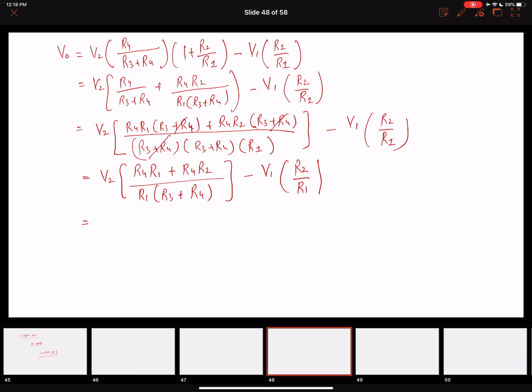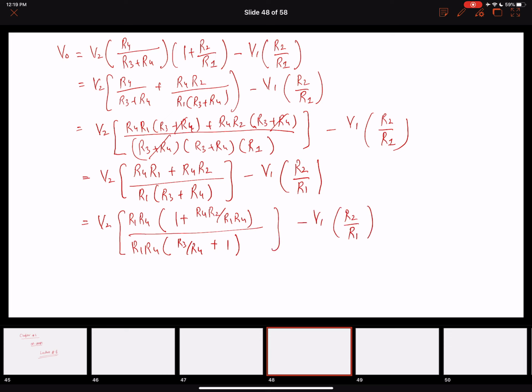Okay, if I take out R1 and R4 in the numerator, I am left with 1 plus R2 over R1, and in the denominator, taking out R4 as well, R3 over R4 plus 1, minus V1 R2 over R1.